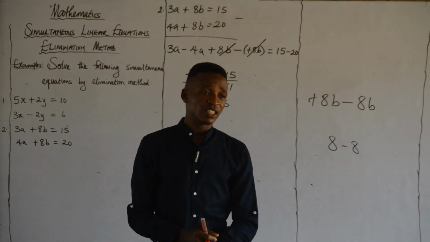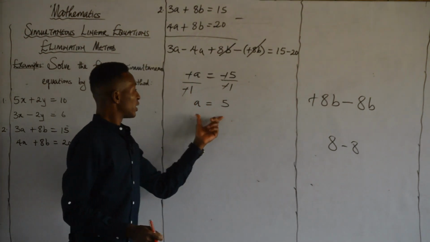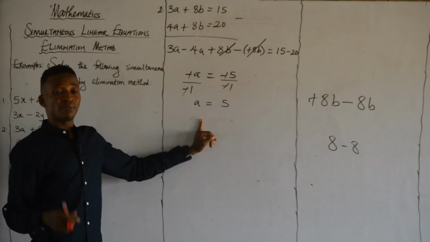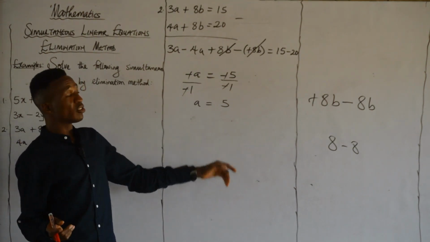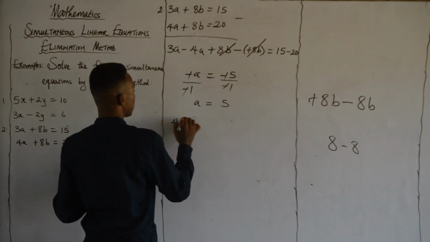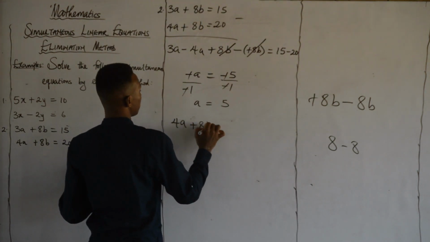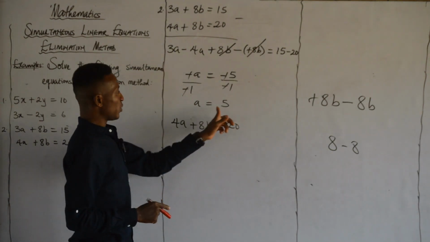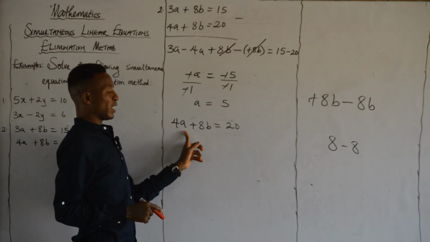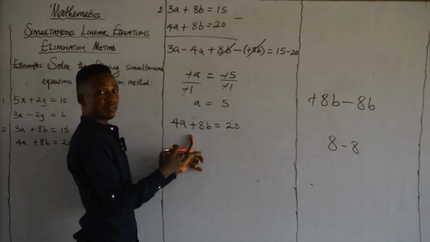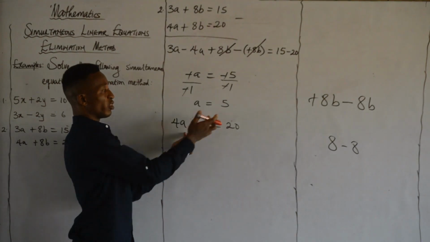So let's take the second variable. Like I told us when we were solving the first question, for you to get the second answer, you can make use of any of the equations. Then I used equation 1. Now let me use equation 2. Write out your equation 2, which is 4a plus 8b equals 20. Then anywhere you see your a, you replace it by 5. That means a equals 5 here. In the equation 2 you have written out, wherever you see a, you replace it by 5.